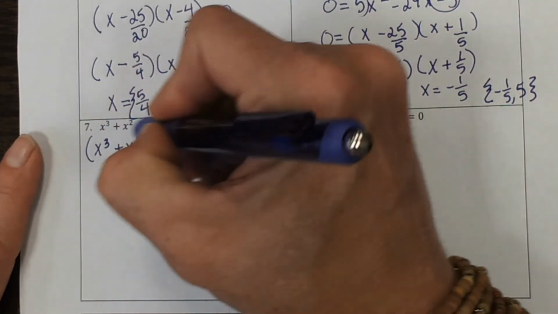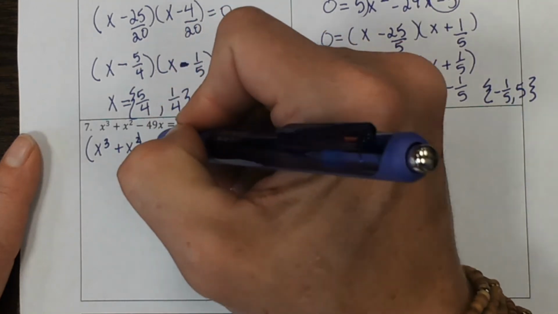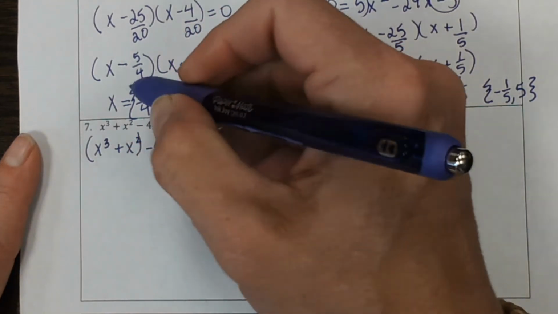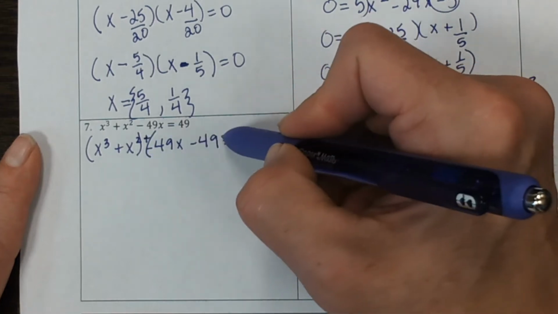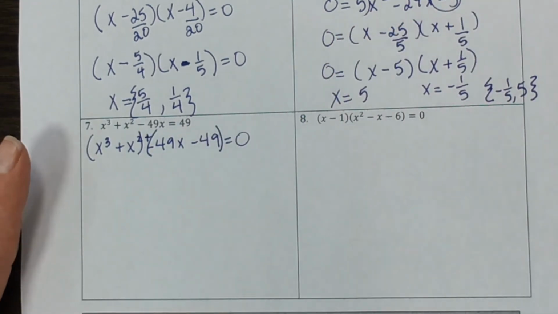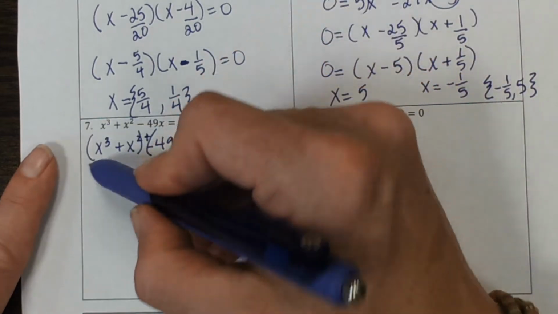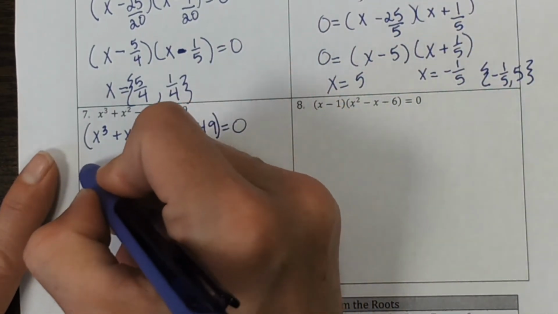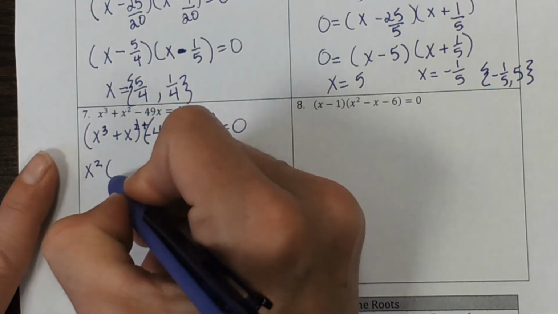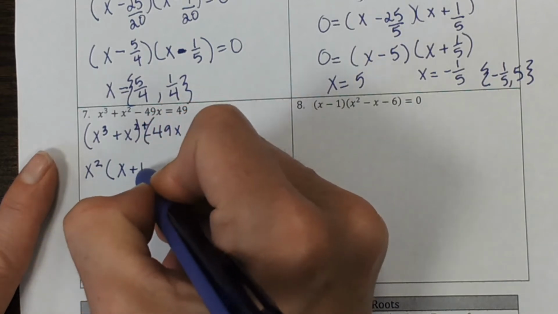So we group the first 2 terms. And remember, if this third term is negative, we put a plus in between the 2 parentheses, but we always keep that negative with the term. So I look and I say, what's my GCF of x cubed and x squared? I can take out an x squared, and then I'll have x plus 1.